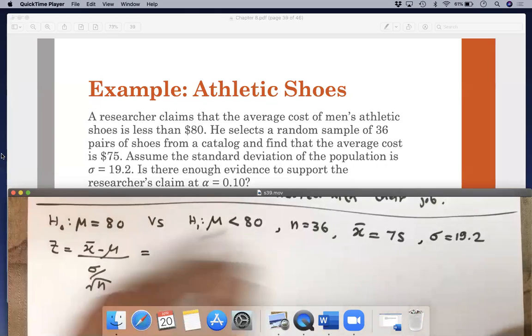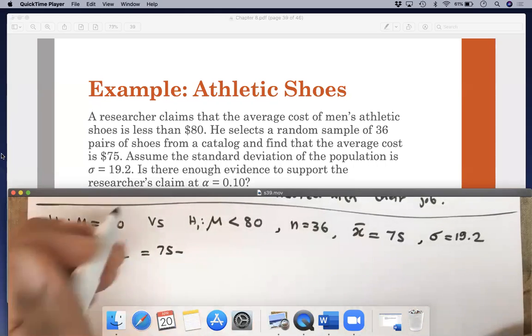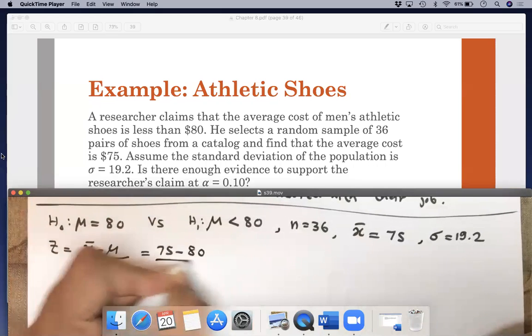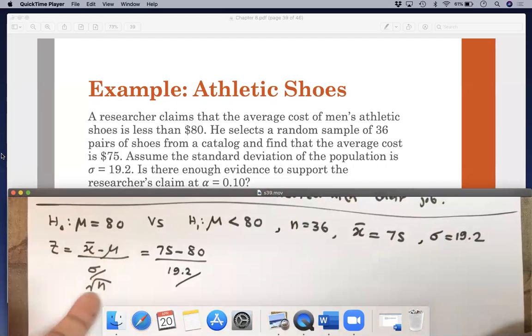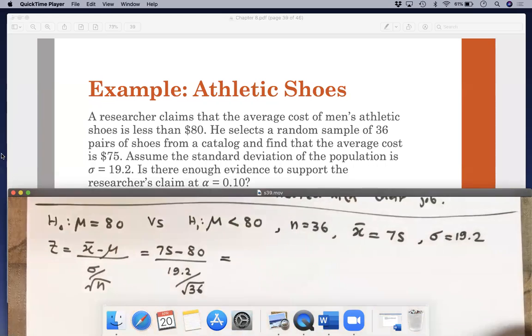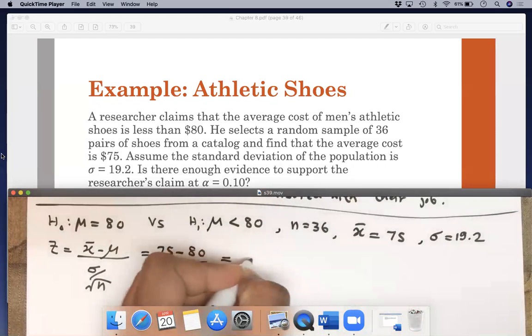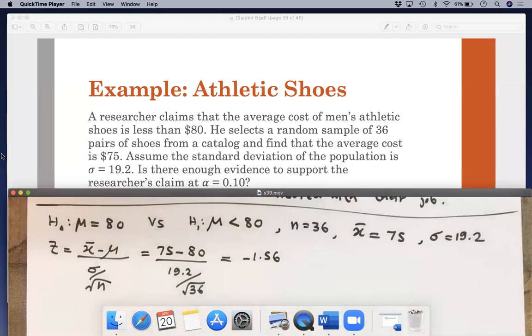What is our x bar? It's 75. What is our mu, the population mean? It's 80. Then what is our sigma? 19.2. What is our n? 36. Take the square root. So what is our test statistic? It's negative 1.56.